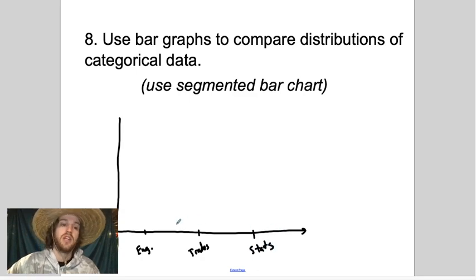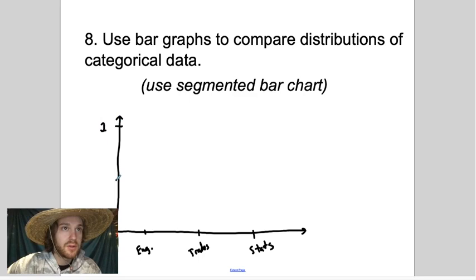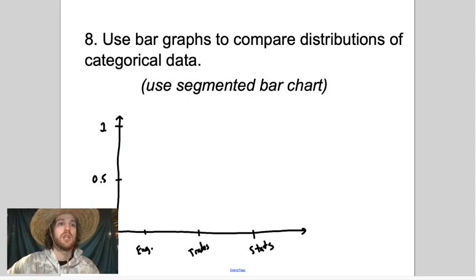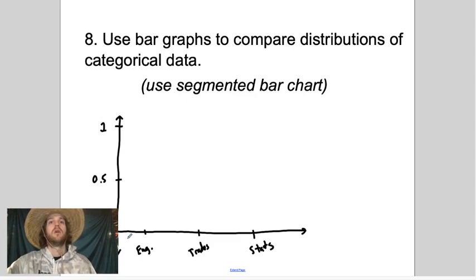Okay, so how a segmented bar chart works is you're looking at the table. I'm going to make this 1 and this 0.5, I guess. Does that make sense? That's all right. We're going to roll with it. Let's go back to the table, and we're going to focus on engineering first.